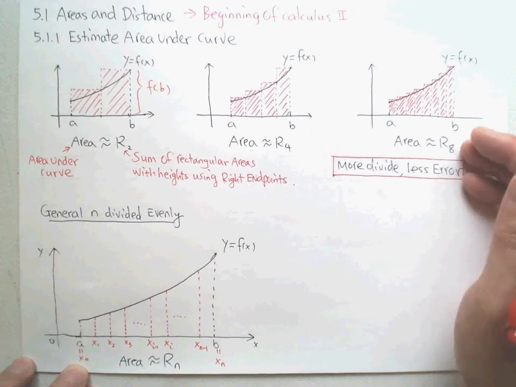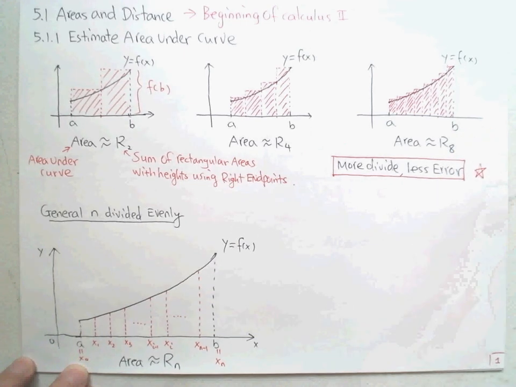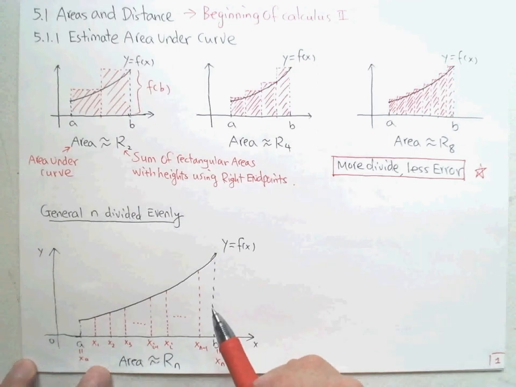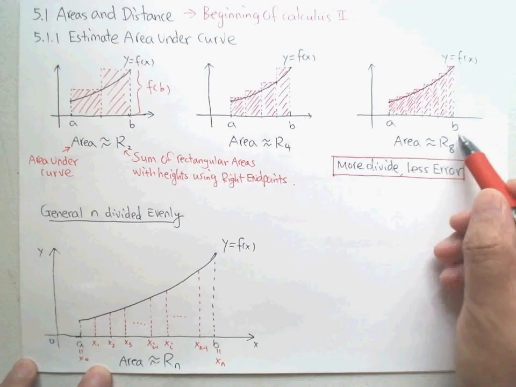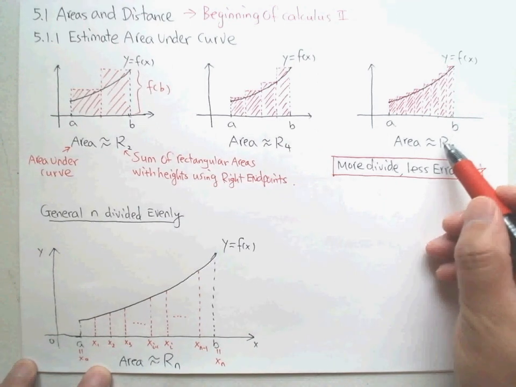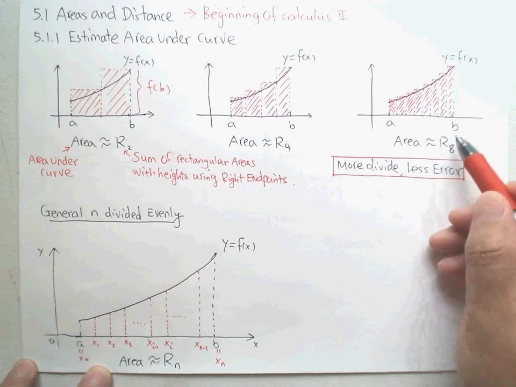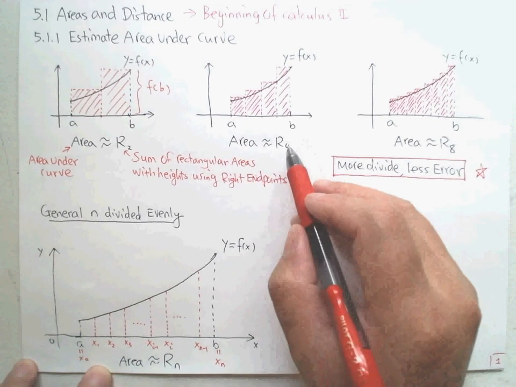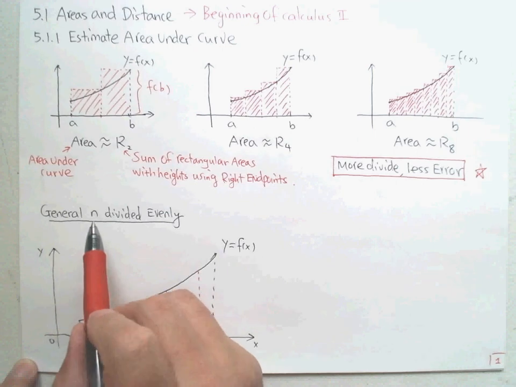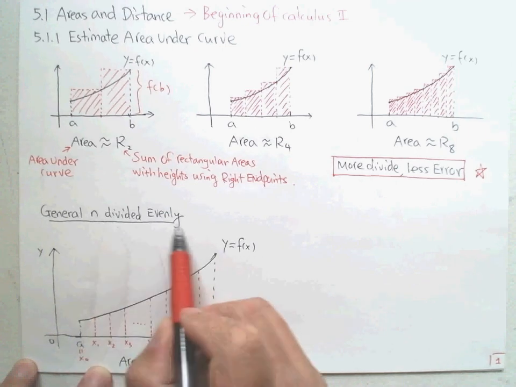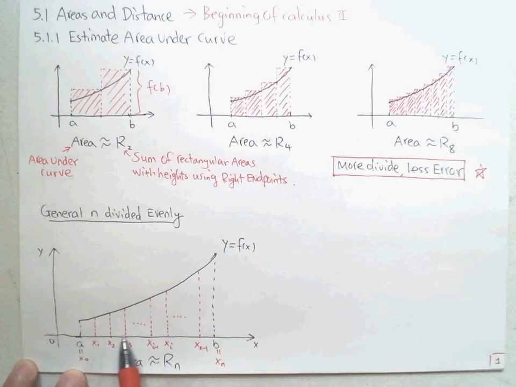It's a very important mathematician who proposed the Riemann sum, and we'll show that later. So we need a general formula for the Riemann sum: R2, R4, and if we generally divide evenly by n, the graph will look like this.